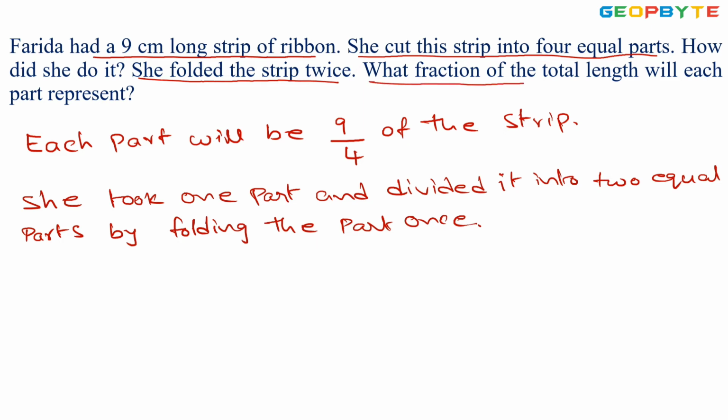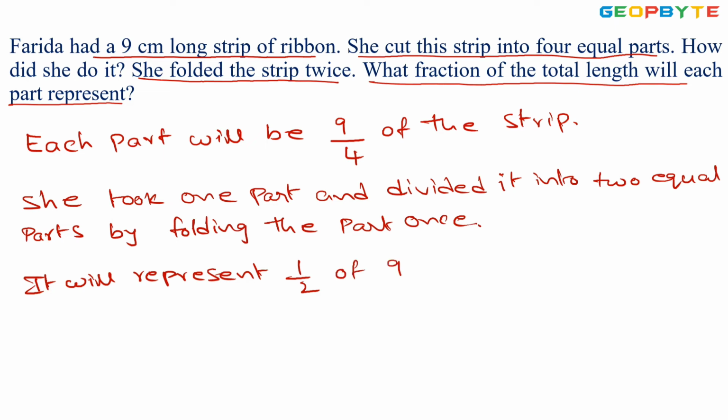What fraction of the total length will each part represent? So it will represent 1 by 2 of 9 by 4, or we can say 1 by 2 into 9 by 4.